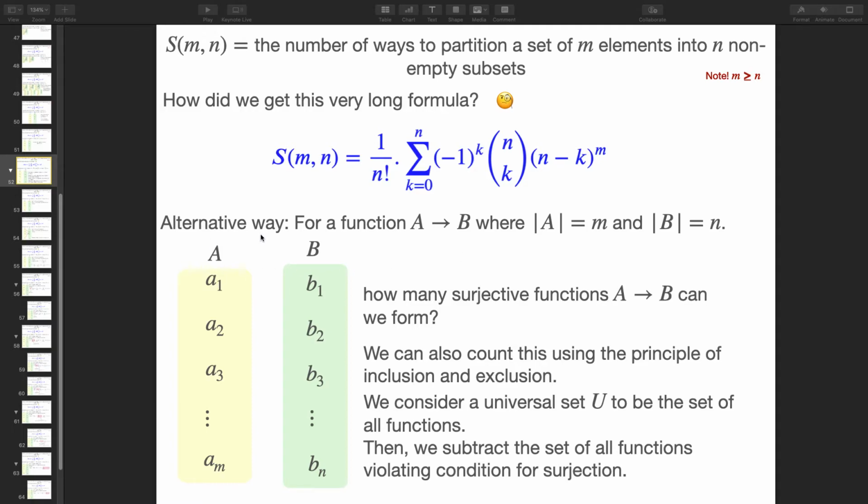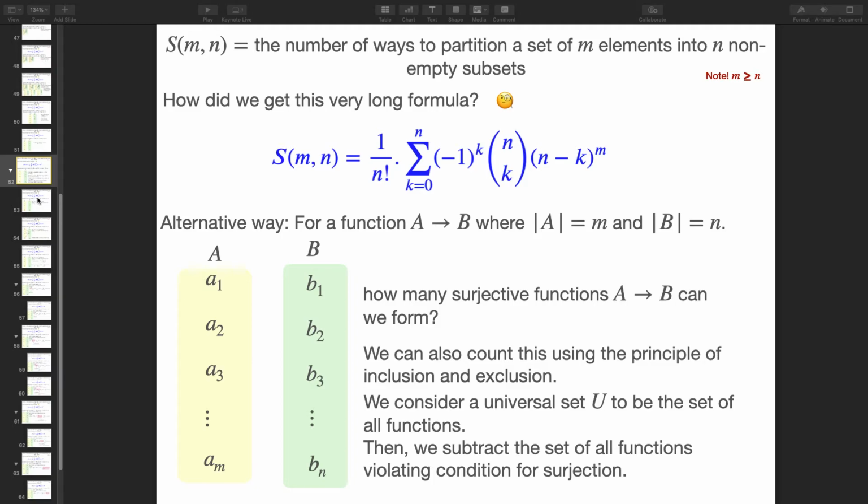So, sa solution na ito, i-consider natin yung set of all functions. Let's consider the universal set. Let's consider the set of all functions as our universal set. And then, tanggalin na lang natin yung mga functions na nagva-violate ng condition for surjection. So, na-imagine nyo ba yan?